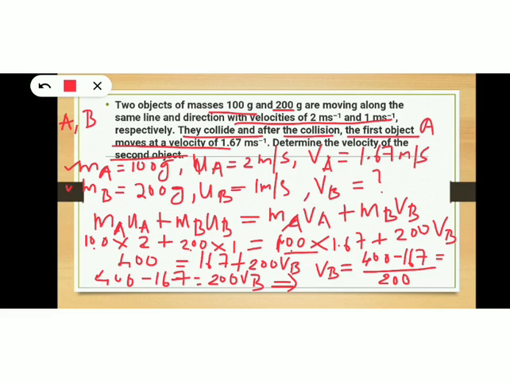Value is 1.165. Okay. And what is the unit? We are finding out the velocity, so unit will be meter per second. So after simplification you will get the value as 1.165 meter per second. Okay, here also you can pause the video and note down the problem to your notebook.